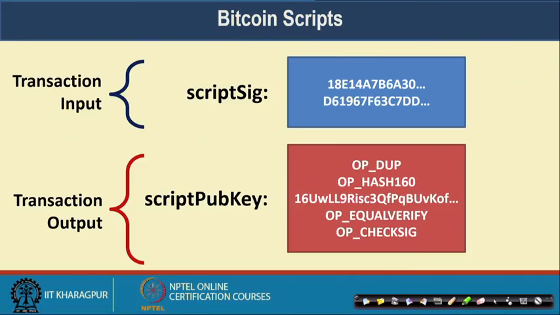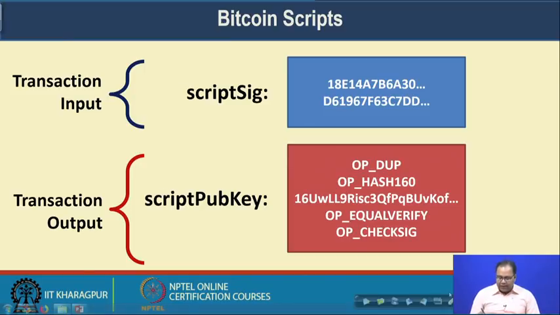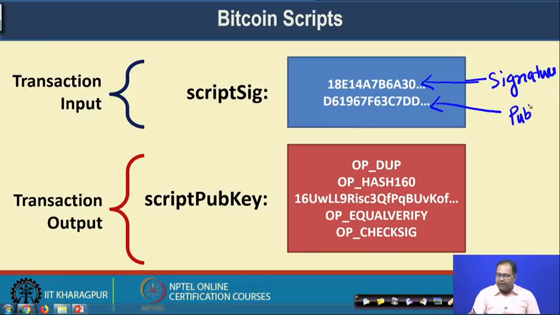Now, these things are actually embedded inside the script. So, let us look into this example script. As we have mentioned, we have the transaction input and the transaction output. At the transaction input we have the script SIG, which contains two components: the first component is the signature, the signature of Alice, and the second component is the public key.